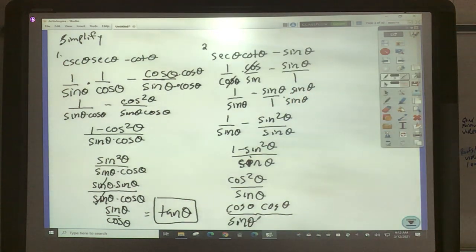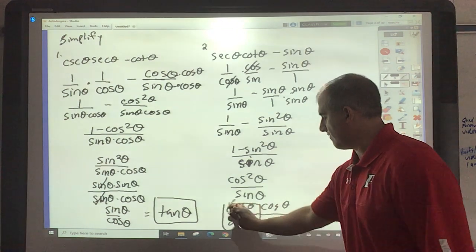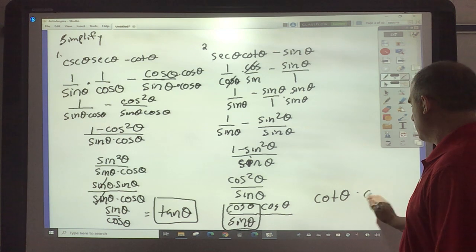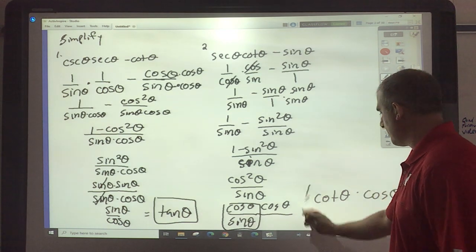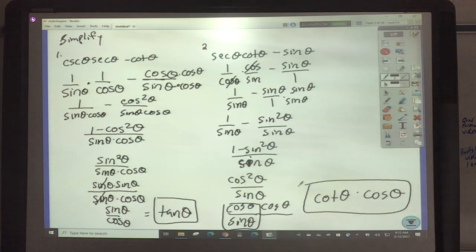Now, this part I already know. That is going to be cotangent of theta, and that next part would be cosine of theta. Boom. And that's how I'd get that answer.